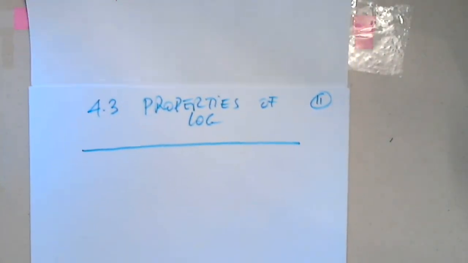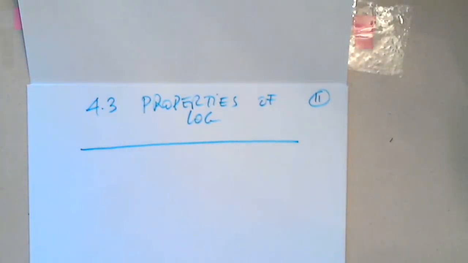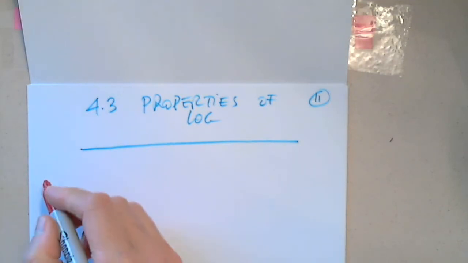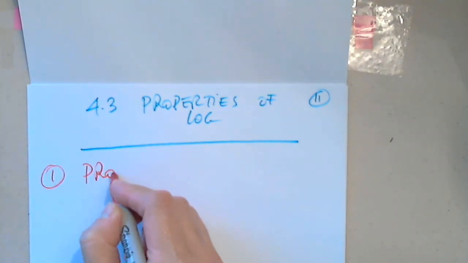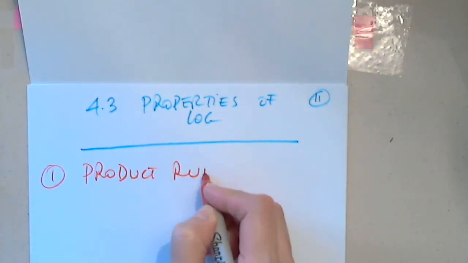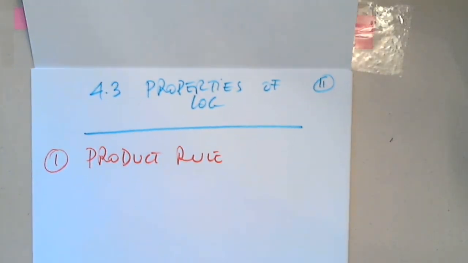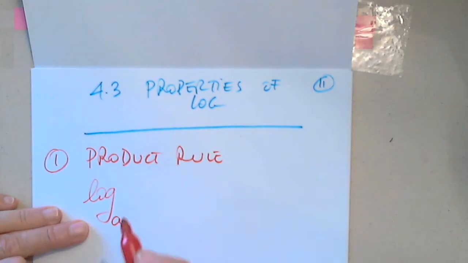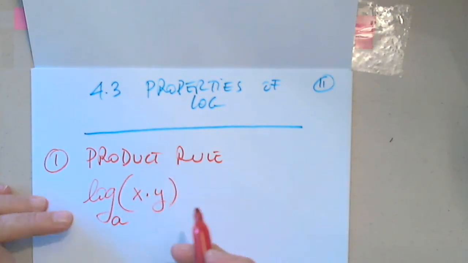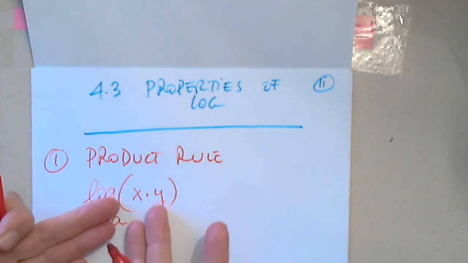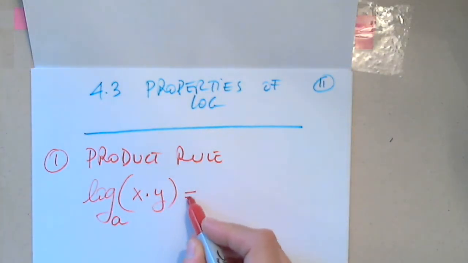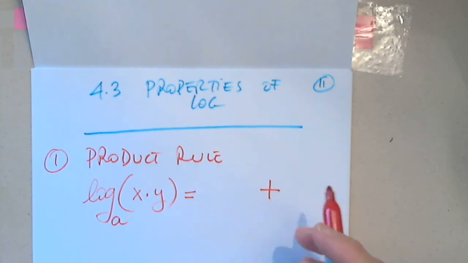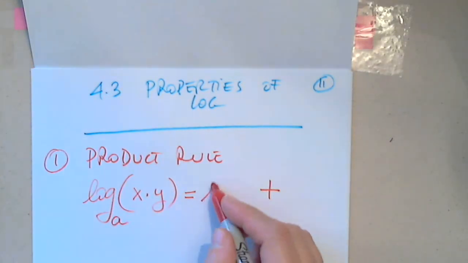Okay. So three properties. The first one is what is called the product rule. The product rule says that any log in any base, if I apply log to a product of as many factors as you want, I just chose 2, that is the sum of each individual log.